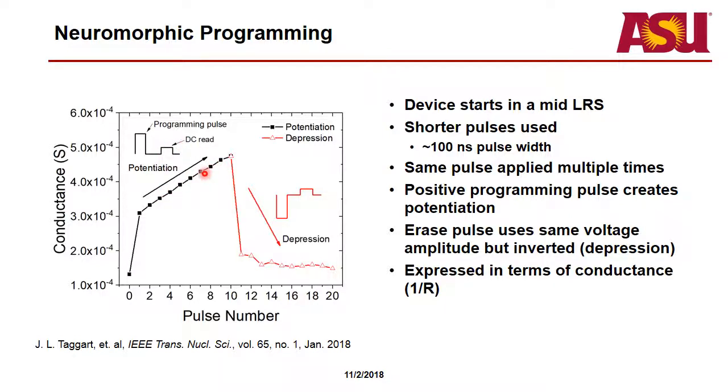So in this case, this is what we call potentiation. We're programming this, making it go to a lower resistance, so a higher conductance. And then to erase it, we just take that same pulse, reverse the amplitude direction, and then apply that pulse successively to erase the device.